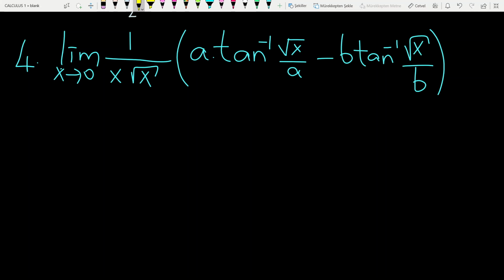When x goes to 0, the denominator goes to 0. So we have a very complicated function, right? Very complicated.